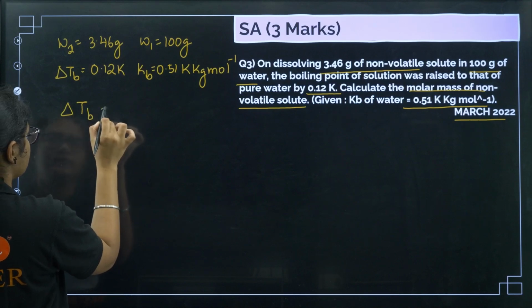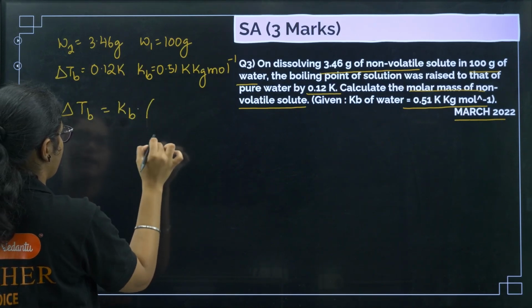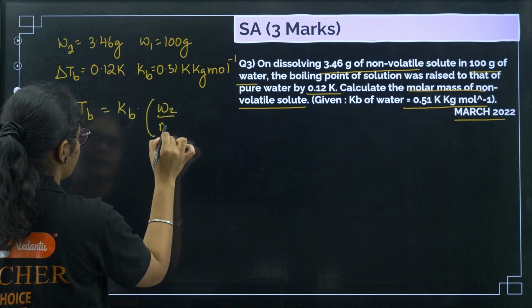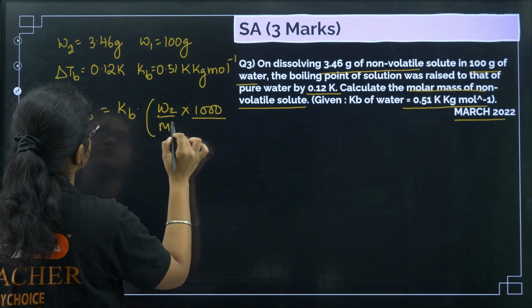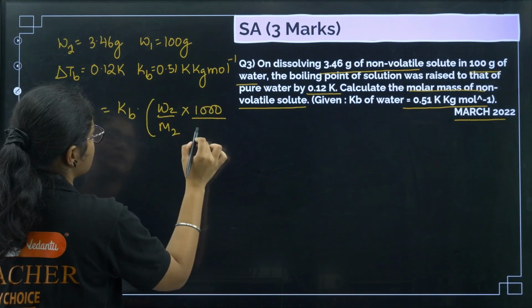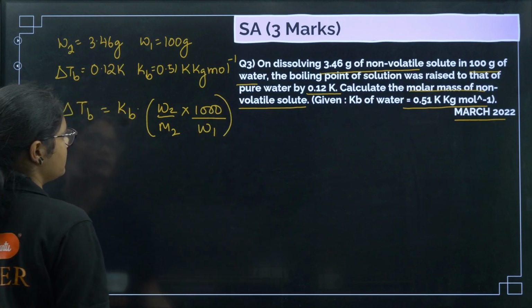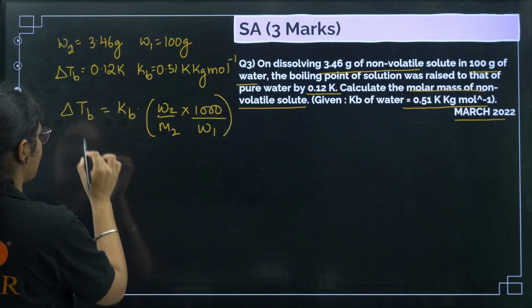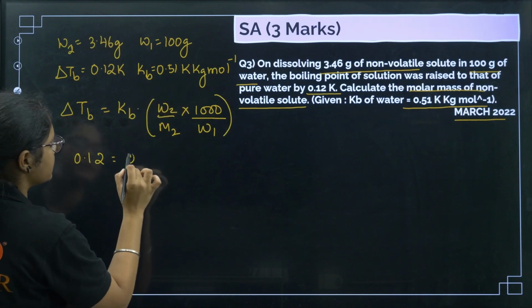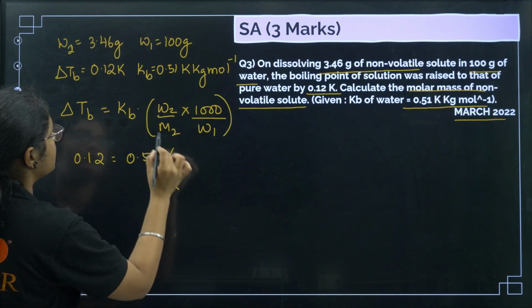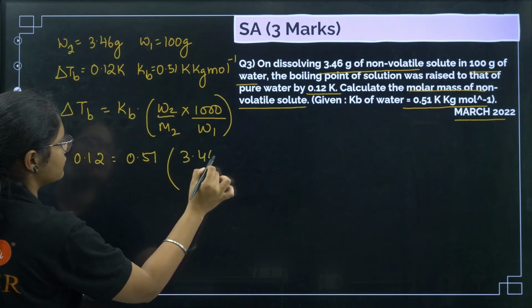So let us first write down the formula. Delta TB is equal to Kb into m, that is W2 by M2 into 1000, okay, by mass of the solvent, so that is W1, right? So now we need to substitute the correct values. What is delta TB? 0.12, Kb value is 0.51, W2 is 3.46 gram.